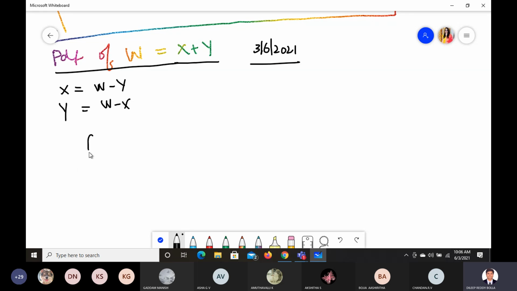Now from this we are trying to find the PDF. If you want to find a PDF, it is small f. For x we write f of x, and for w we write f of w. So we have to find the corresponding fW of w.